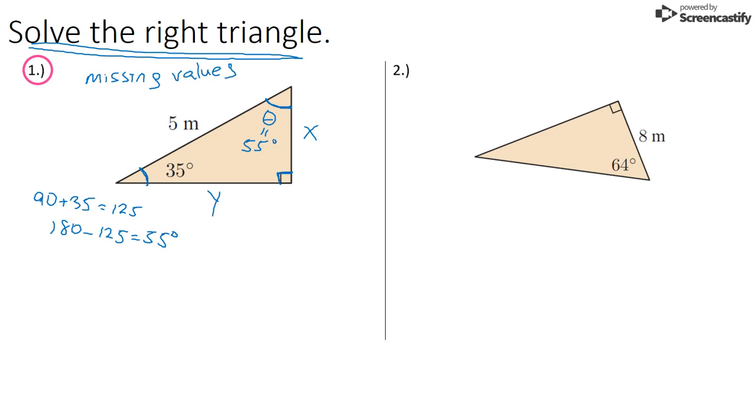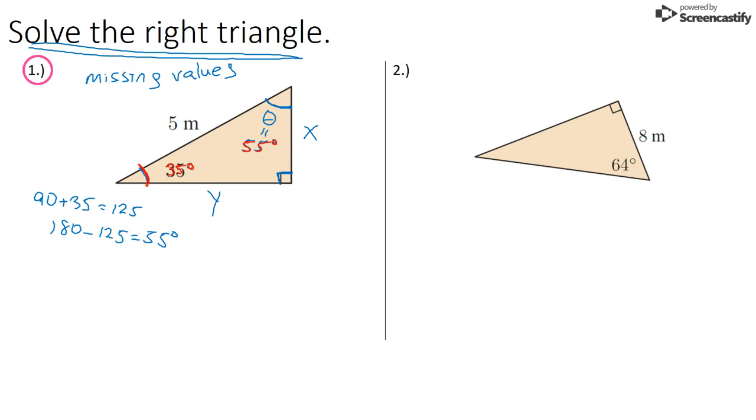Now at this point, we do need to solve for the sides. So this goes back to setting up some trig functions. And at this point, because we didn't have to round 55, that is an exact answer that would be okay to use in this calculation. I like to always stick with the information I'm given. So I'm going to reference the 35, and I'm going to set up a couple trig functions to solve for x and y.